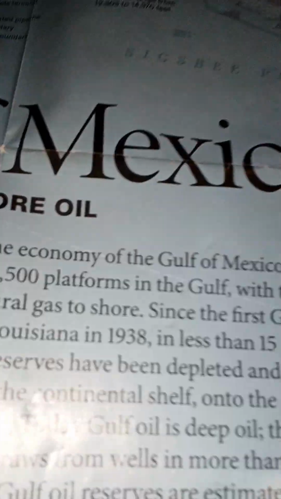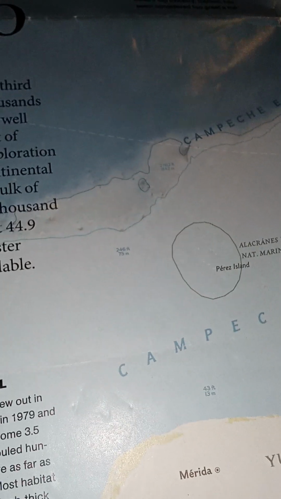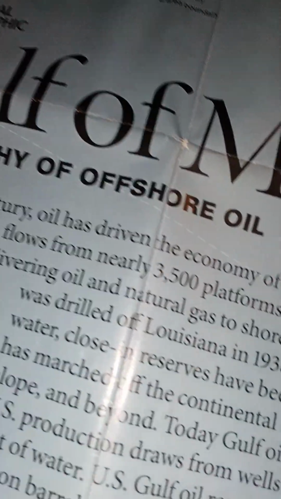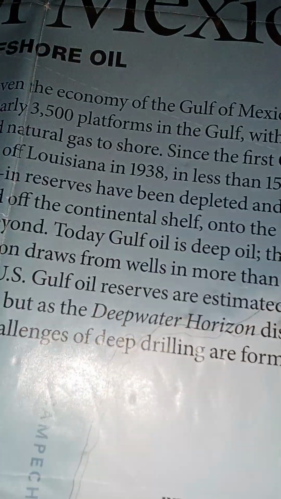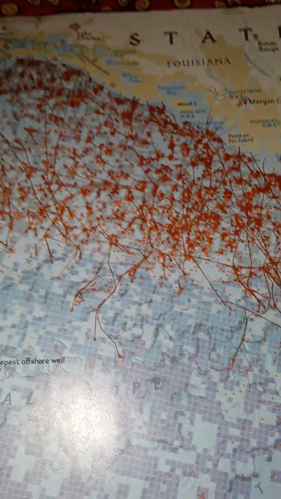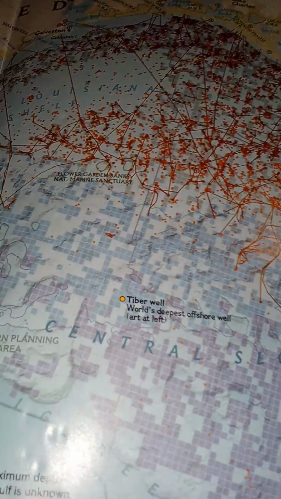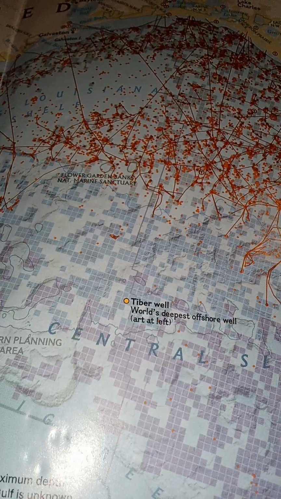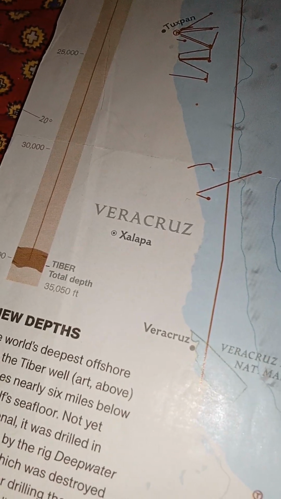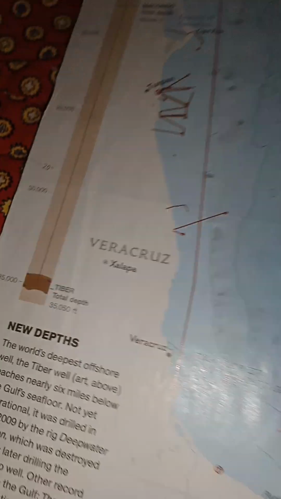Now the other map I have out right now is the Gulf of Mexico. This is one of the newest maps I have in this collection, I believe. Does it have a time frame on this? It's talking about the Deepwater Horizon disaster and all the oil rigs in the Gulf of Mexico. Tiber Well is the world's deepest offshore well. They've got some art over here talking about how deep it is, 35,000 feet of depth.